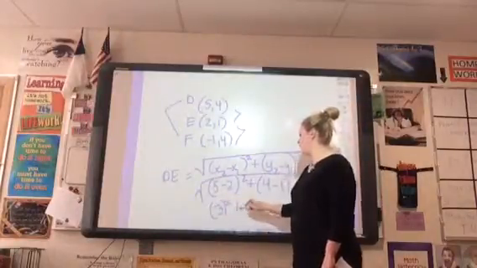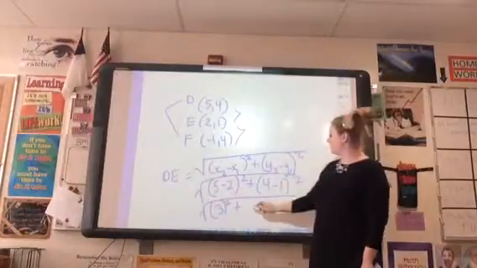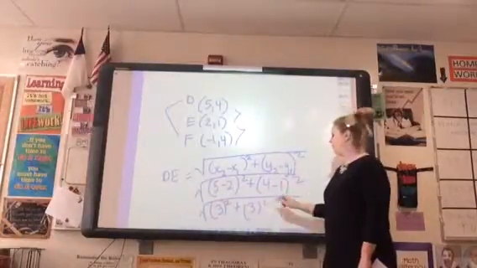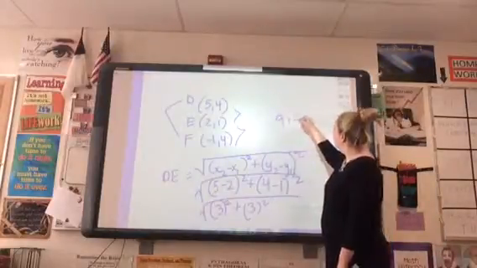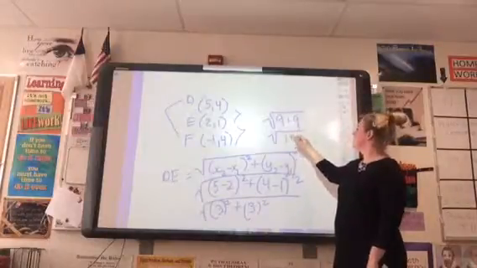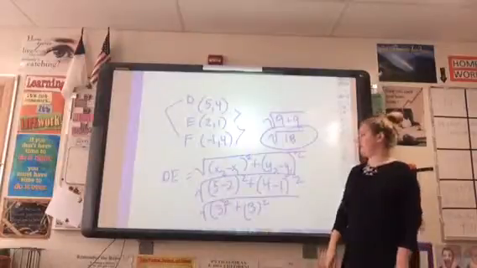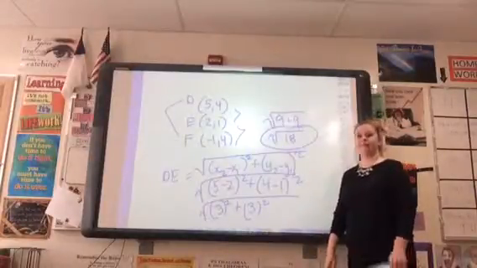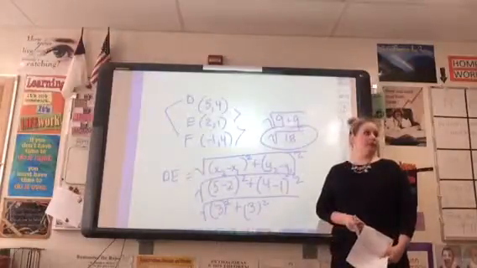You can't tell me that you didn't know what to do on this one if you're not paying attention. 4 minus 1 is 3 again, squared. So we have 9 plus 9, and we have to do the square root of it. So 18. You can just leave it as the square root of 18. That's fine.